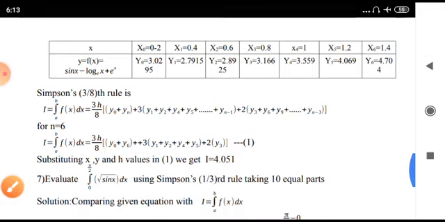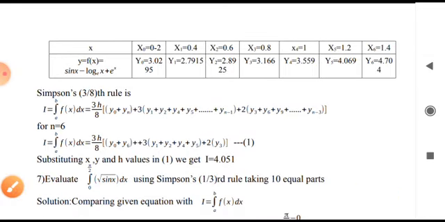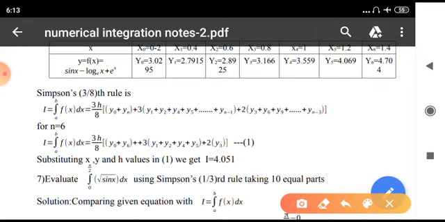Now we have Simpson's 3/8 rule. I equals 3h by 8 times y0 plus yn plus 3 times y1 plus y2 plus y4 plus y5 etc. up to yn minus 1 plus 2 times y3 plus y6 plus y9 up to yn minus 3.